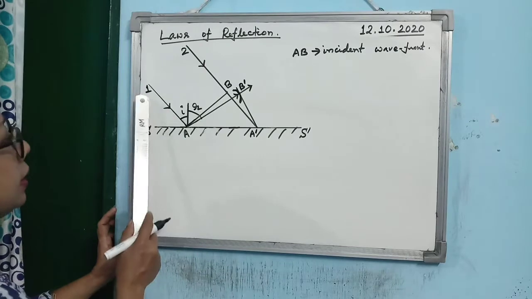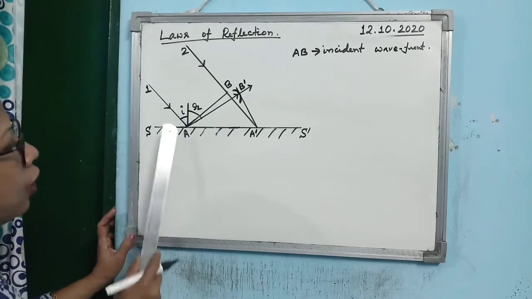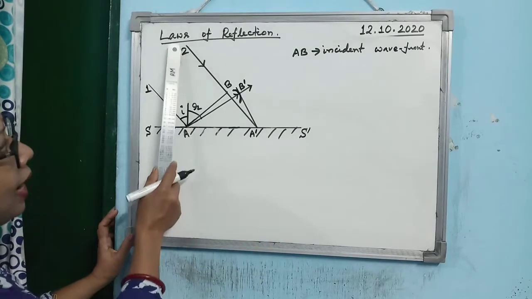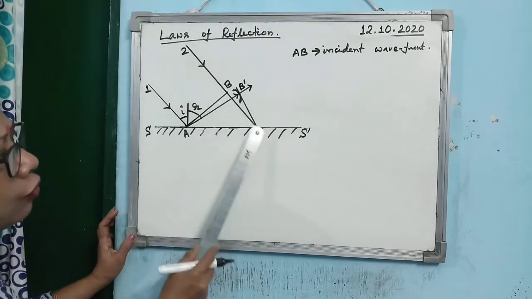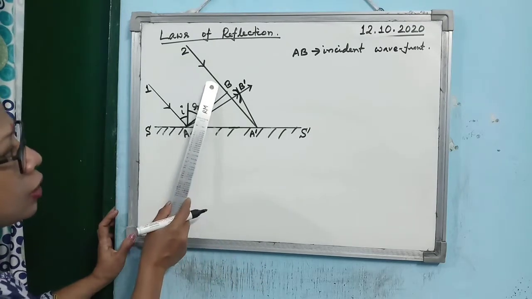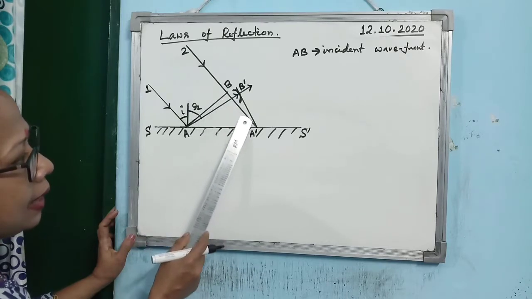Now consider the rays 1 and 2. Ray 1 is falling on the surface at the point A, but the second ray is not falling on the reflecting surface at the point A. If you extend it, how much distance is it traveling? BA dash.